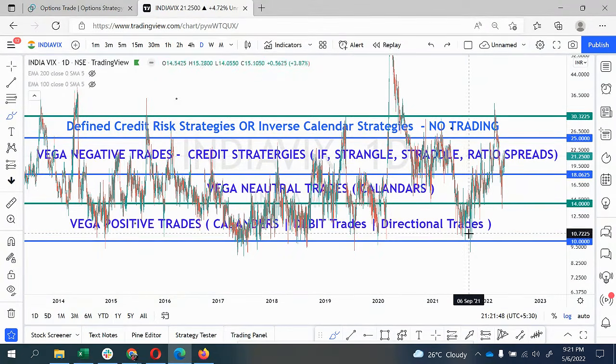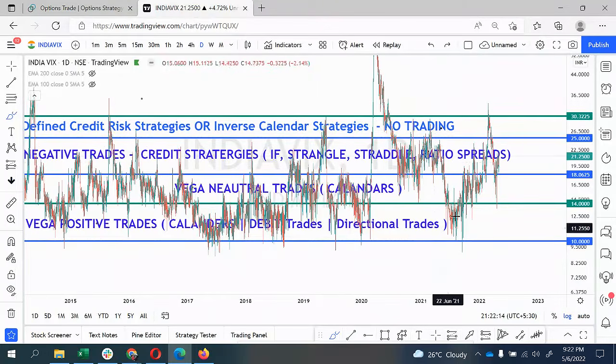It makes absolute sense to deploy a vega positive trade when we have a rising VIX. Because of the vega positive, when the VIX rises, that will raise your premiums. Rising premium is your buy position. It has a good IV rate, so the premiums will rise very quickly, and you will end up with a good amount of profit.